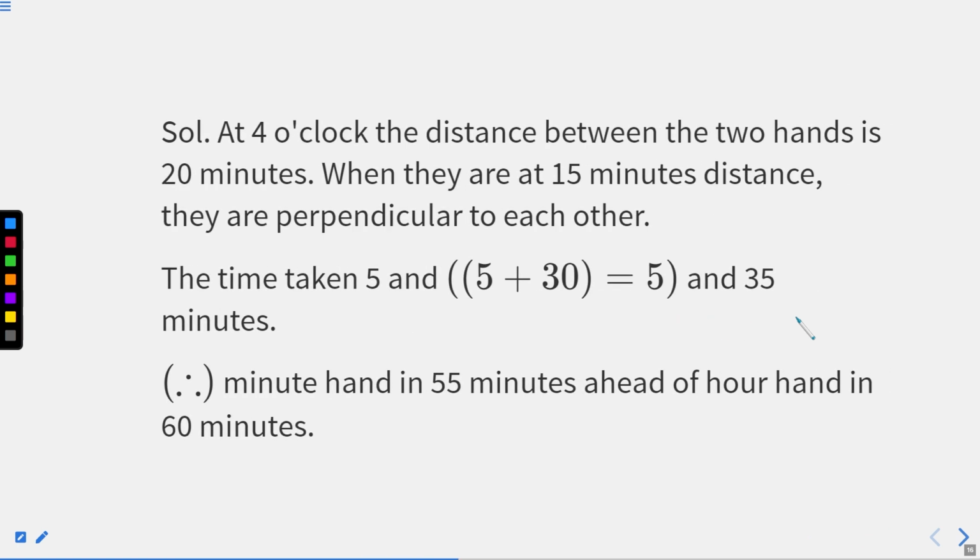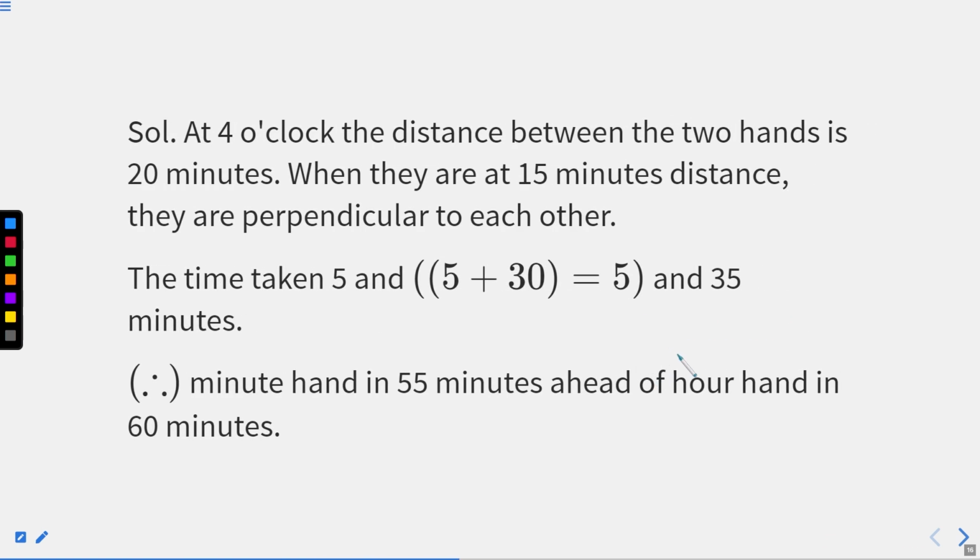Now, you can check this as well. So, understand the question first. At 4 o'clock, the distance between both the hands is 20 minutes. They are talking about minutes. If we count it in angles, it will be 120 degrees. When they are at 15 minutes distance, they will appear perpendicular to each other. That we know.